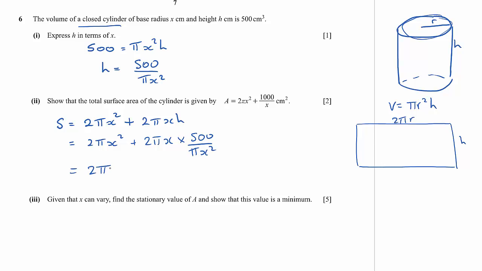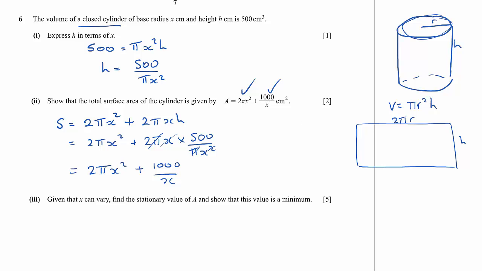So that's 2 pi x squared, which is that bit. And then 2 times 500 is 1,000. The pi's cancel. One of the x's cancels. And that's over x. So that's this part of the expression.